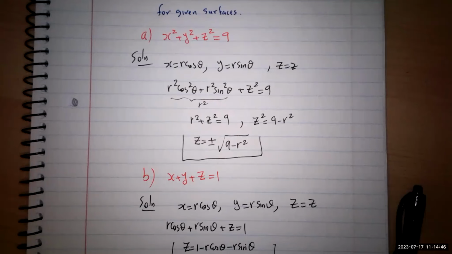In that case, you have the triple integral in cylindrical coordinates. So you keep the z, then you project your region, which is a solid, onto the xy plane.